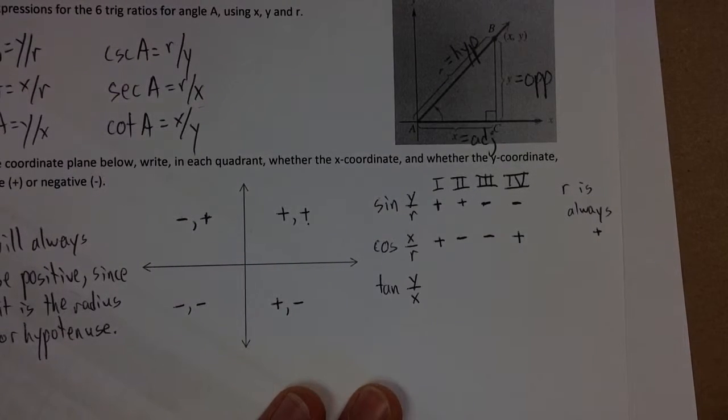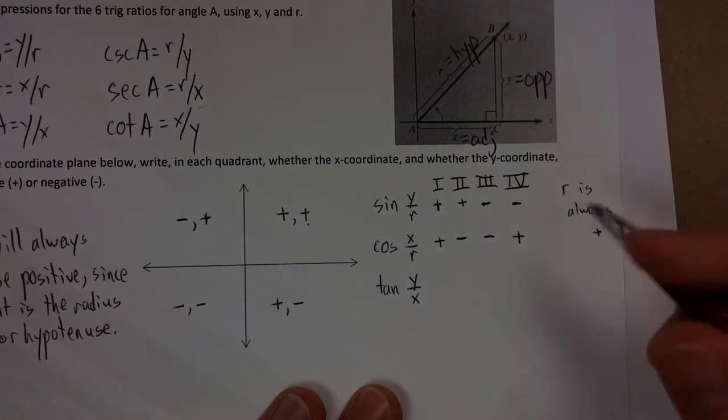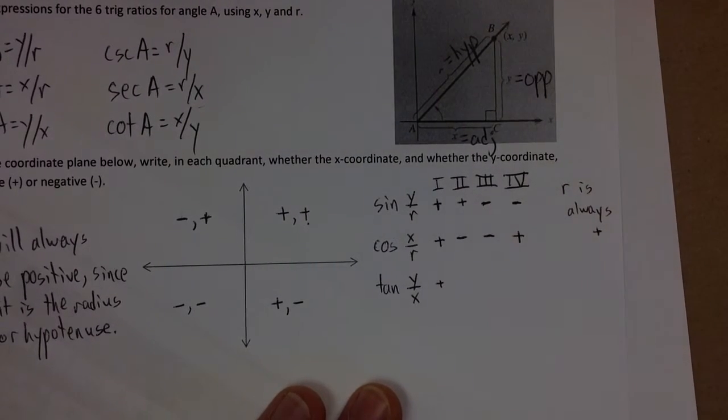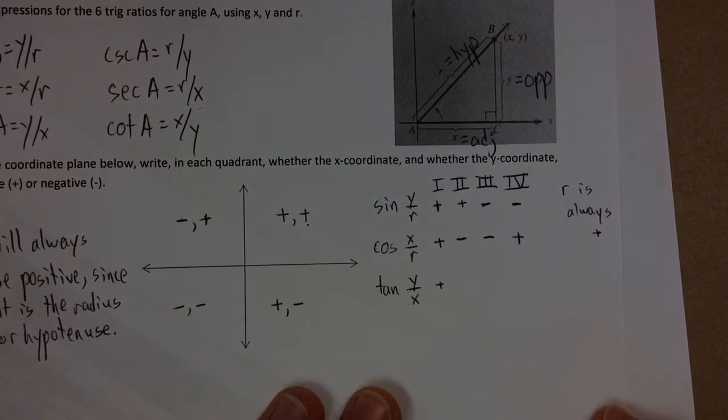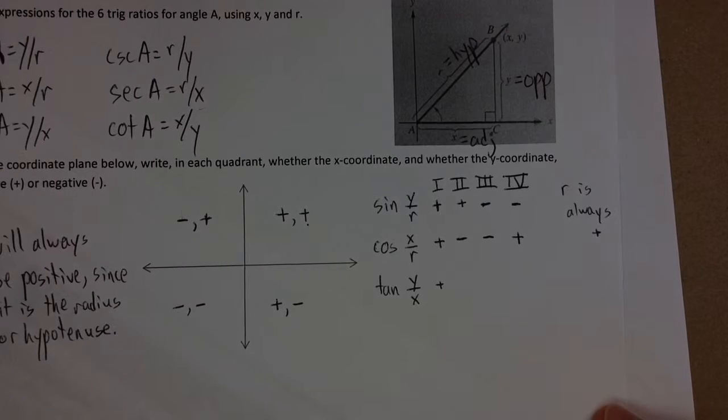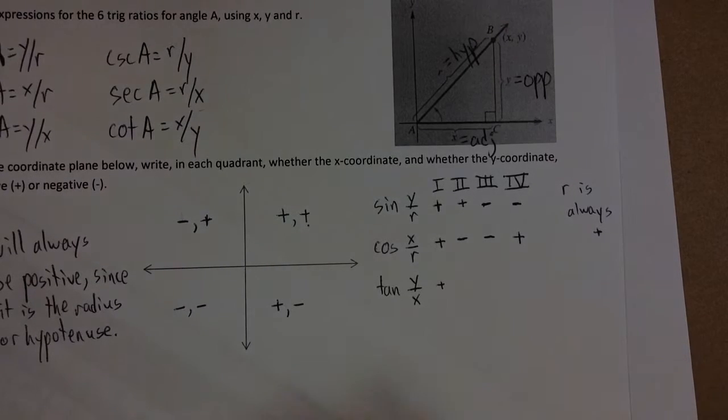Jake, tangent, first quadrant, positive or negative? Very good. Can we do the x's too or no? What do you mean? Because the other ones were r, so r is always positive. Yeah, but it's y over x, not y over r. Correct. Positive over positive.